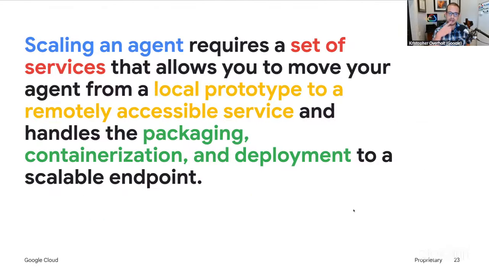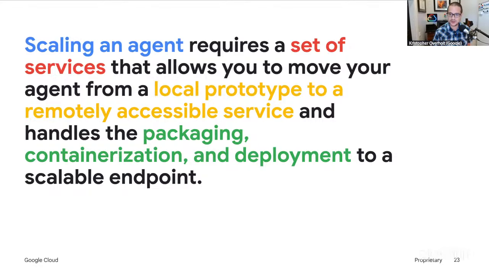When you scale an agent, you need a set of services that lets you move from a local prototype to a remotely accessible service. Typically this is done with packaging, containerization, and deployment. Usually by the time you've built your agent and done the evaluation, you're completely out of energy, and this is not the thing that you want to do next.